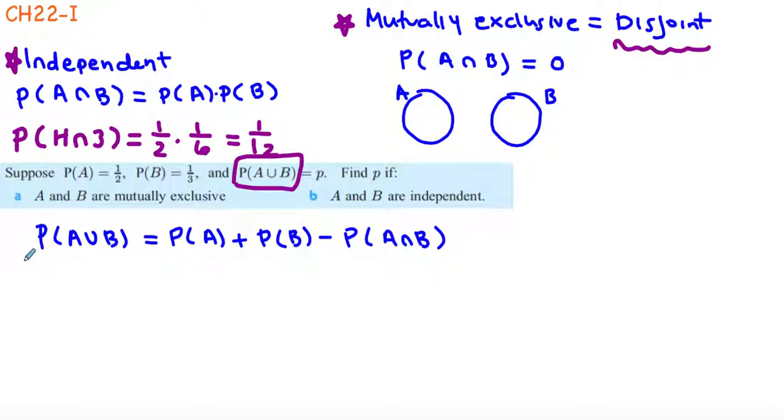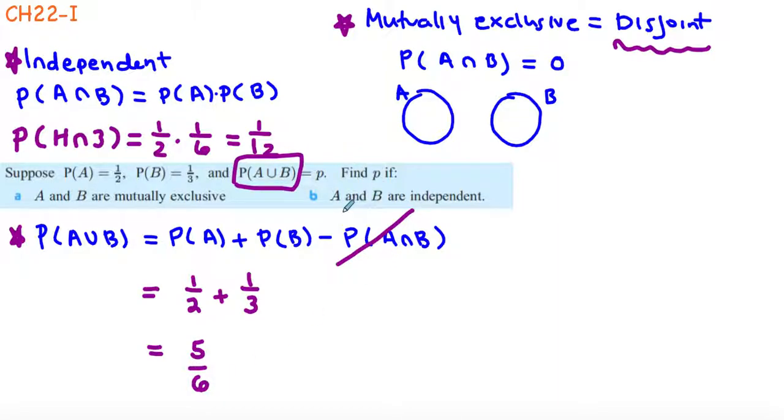Given this formula, which always works, probability of A or B is equal to probability A plus probability B minus what's in common. But in this case, since it is mutually exclusive, this is equal to 0. So you're just left with probability of A, half, plus probability of B, 1/3, which is equal to 5 out of 6.